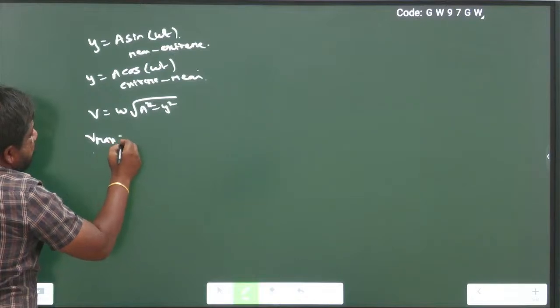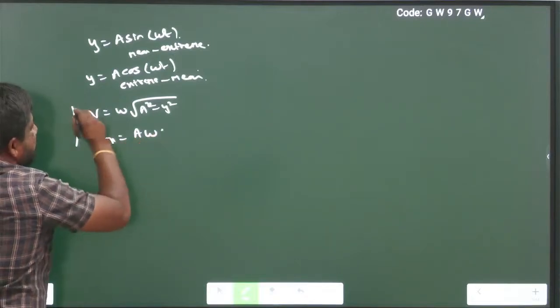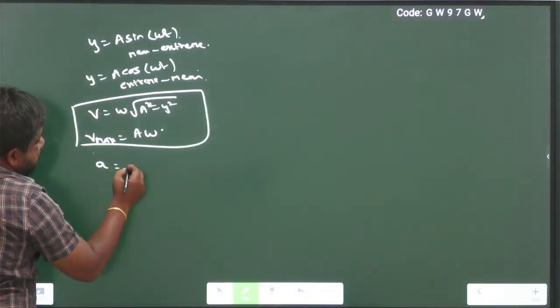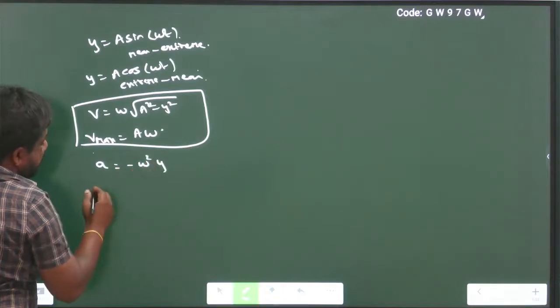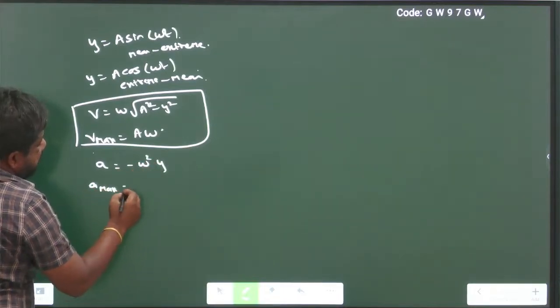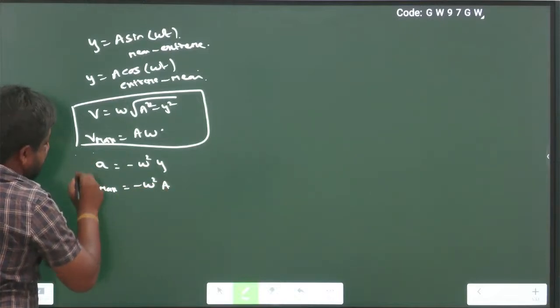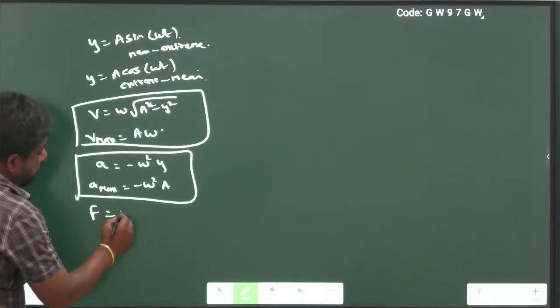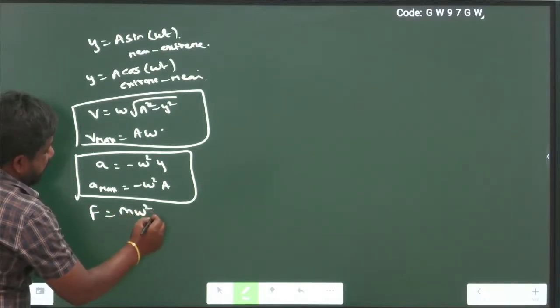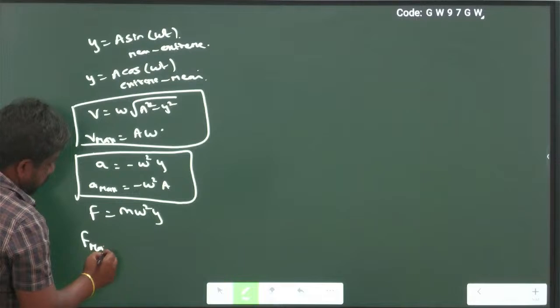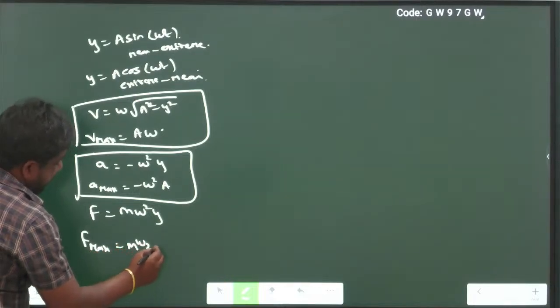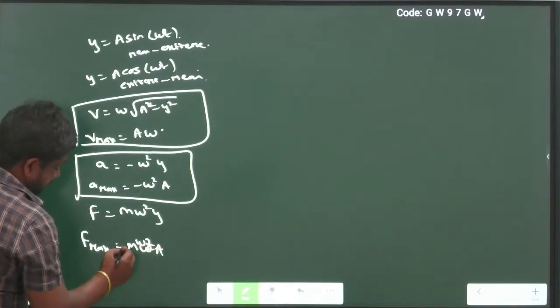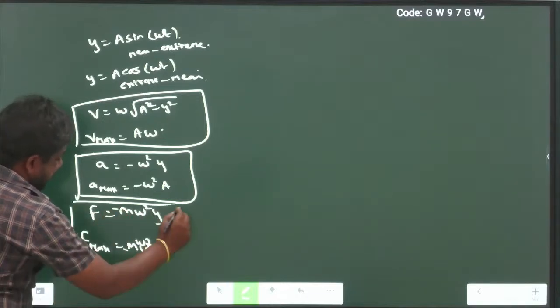Maximum velocity is equal to a omega. Acceleration is equal to minus omega square y. Maximum acceleration is equal to minus omega square a. Now force is equal to m omega square y. Maximum force is equal to m omega square a. Here minus indicates only direction.